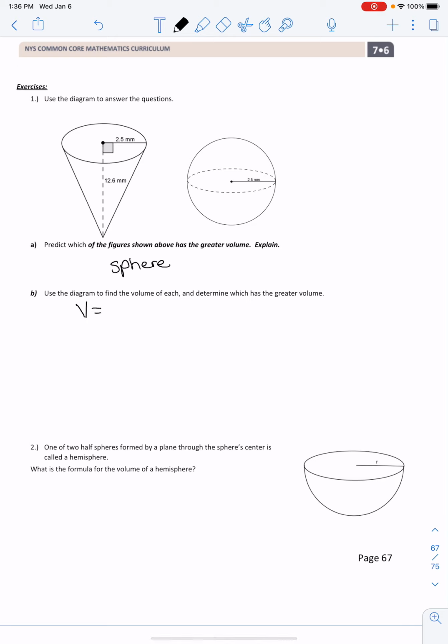So we have volume equals 1/3 pi r squared h. So we have 1/3 pi. My radius here is 2.5. So 2.5 squared times the height, which is 12.6, which is right here.